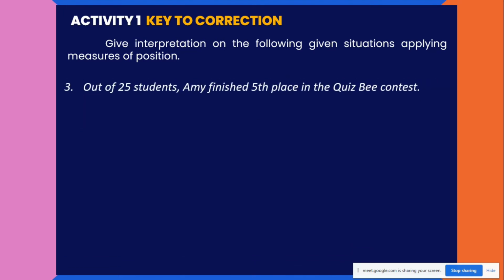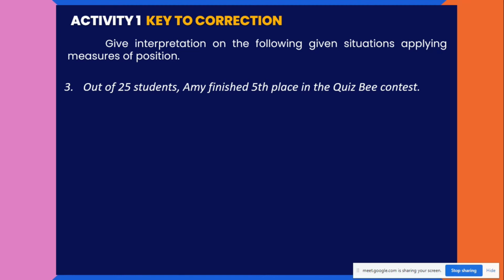Out of 25 students, Ami finished 5th place in the Quiz B contest. Walang nakalagay kung decile ba siya, quartile or percentile. Pero sinabi dito, 5th place. So, among the 25, may first, second, third, fourth, fifth, sixth, hanggang ika-25th. Pero yung rank ni Ami is the 5th place.